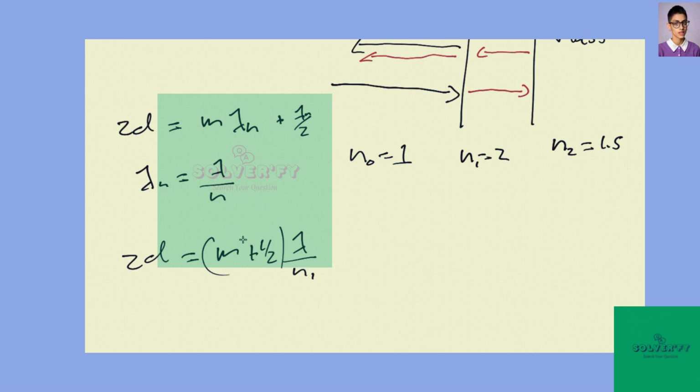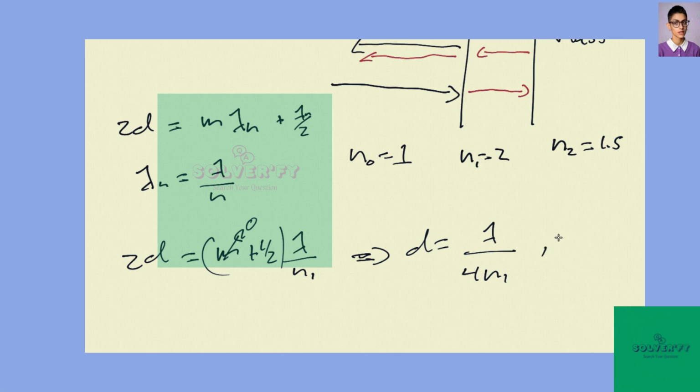And they want the minimum distance, so the minimum is if m is 0. So we can set m to 0 and divide by 2 to get that d must equal lambda, where this lambda without the subscript is the vacuum wavelength, divided by, we have a 2 here, we're going to divide by 2, and then we have a 2 from the 1/2 from the phase shift, so that's going to be 4 and n1.